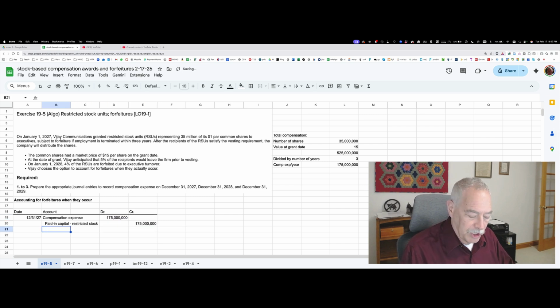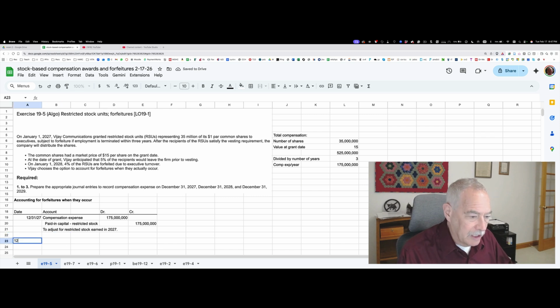And this is to adjust for restricted stock earned in 2027 by employees.